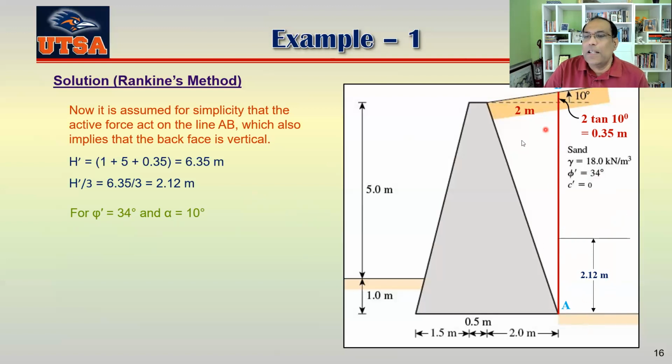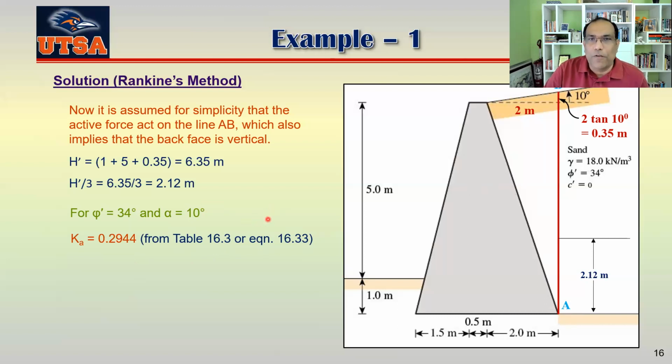Even though the back face is not vertical, for simplicity, in Rankine's method we always consider it vertical. So try to find your Ka from table 16.3 or equation 16.33. I'll show that in the chart, how you have to find it, in the next page.